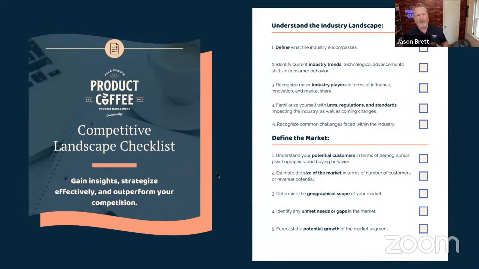We've broken this into 6 major sections, phases. The first is understanding the industry landscape, then defining your market or your market segment, depending on where you sit in an organization. Then identifying and categorizing your competitors. So once you've defined the market, who are the players in the market?